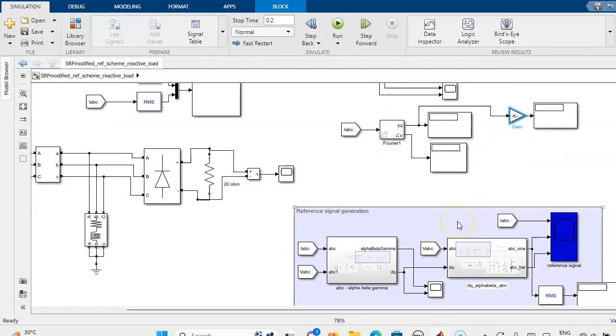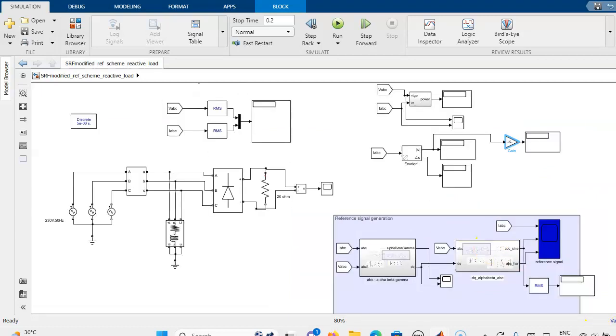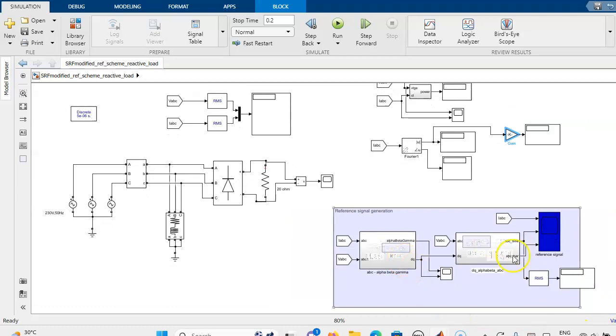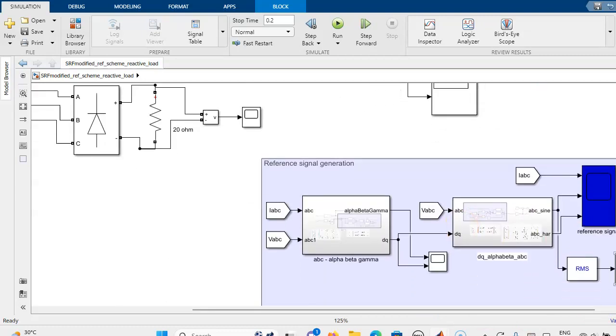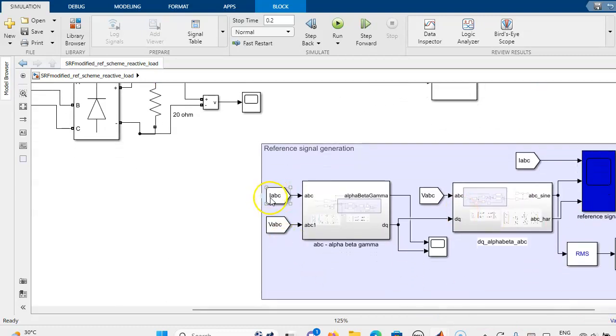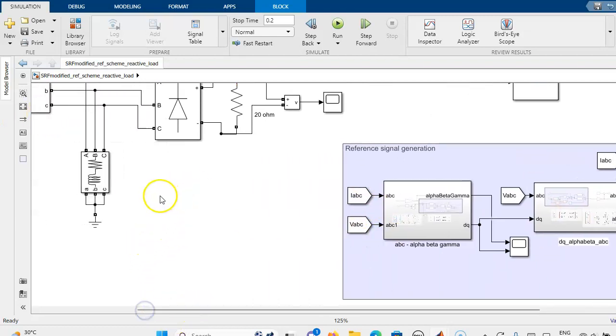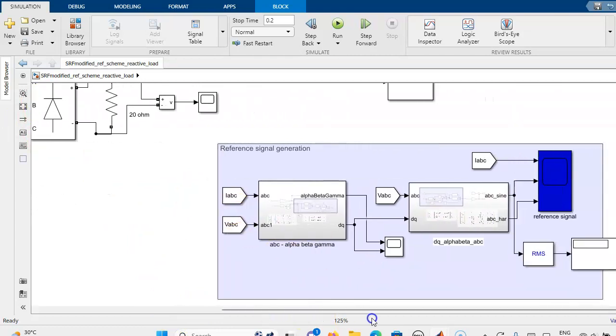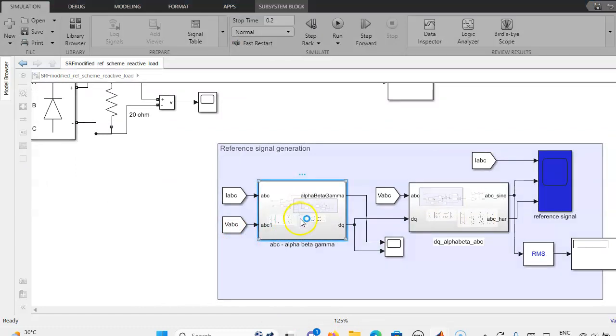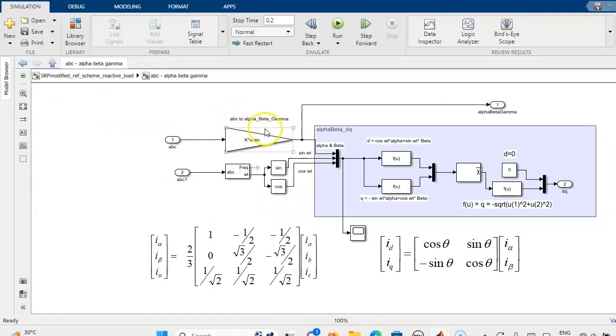So in this reference signal generation, we have the unit of ABC to DQ transformation. If you see here, IABC and VABC are taken from the measurement block. From the measurement block we are getting IABC and VABC, which are given to the ABC to alpha beta gamma equation.